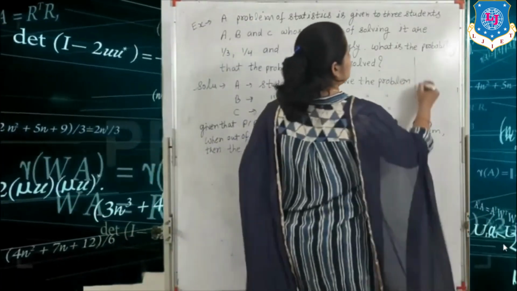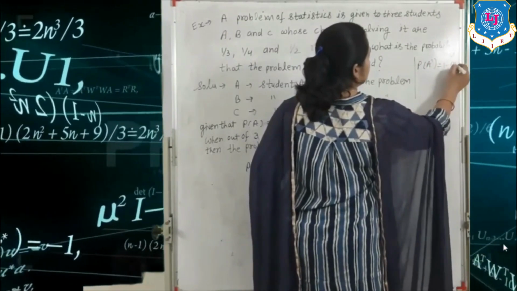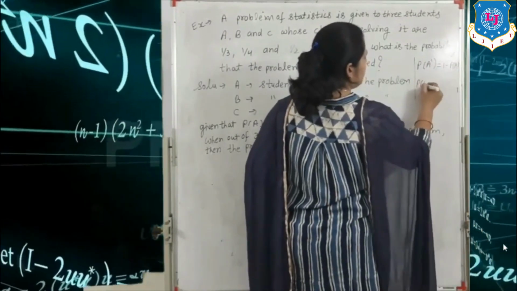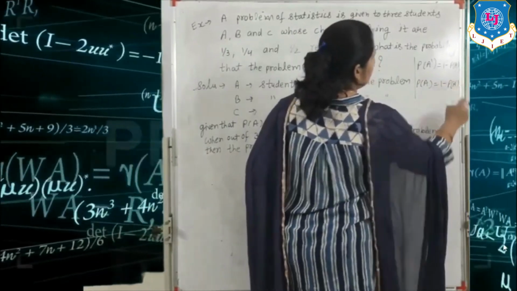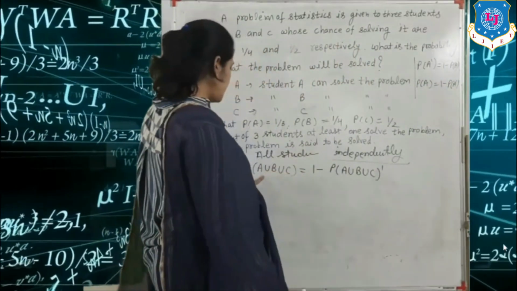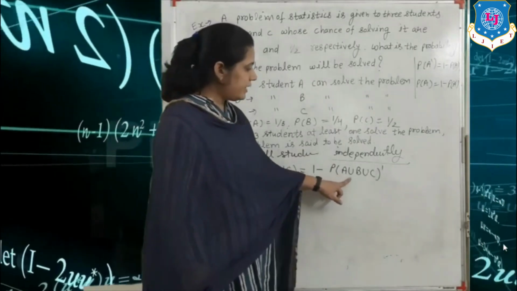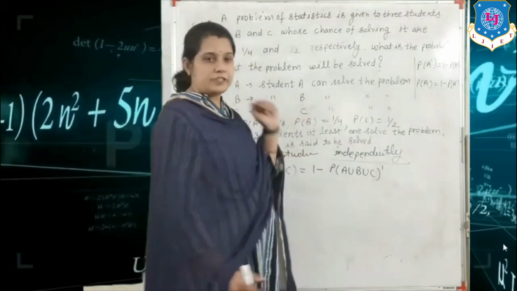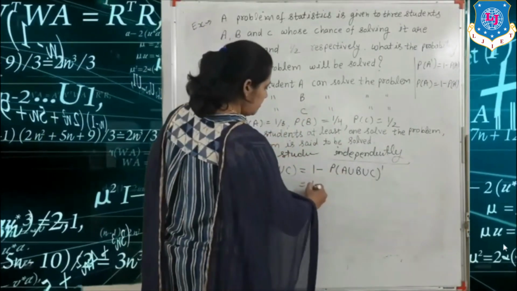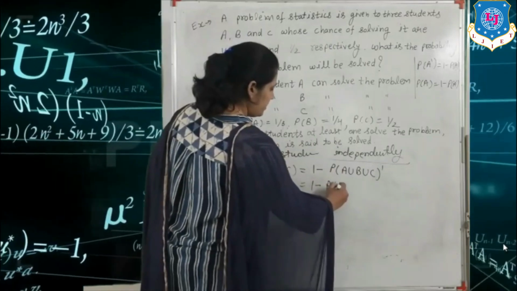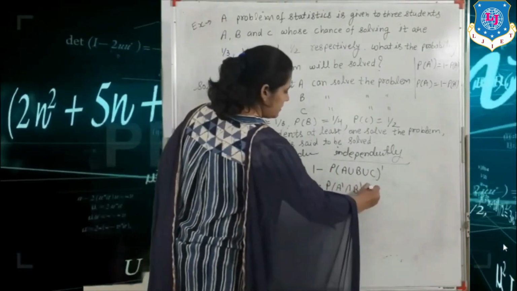That means P(A dash) is equal to 1 minus P(A), or you can write P(A) is equal to 1 minus P(A dash). This is a very important formula. So we write P(A union B union C) is equal to 1 minus P((A union B union C) dash). Next we write 1 minus P(A dash intersection B dash intersection C dash).